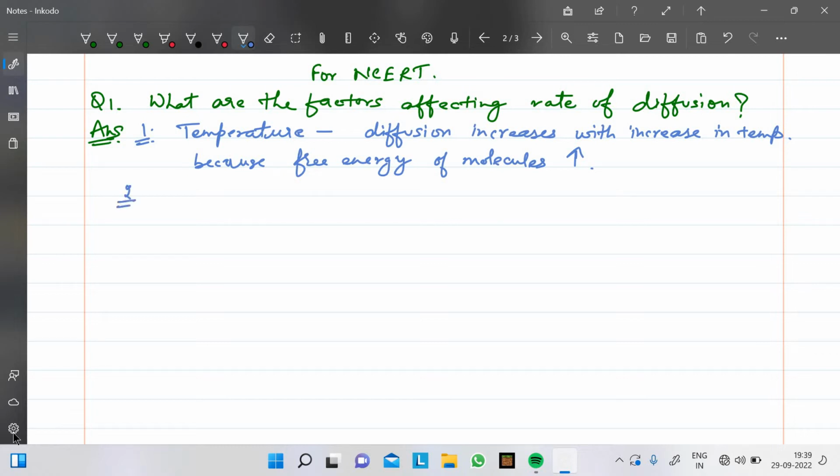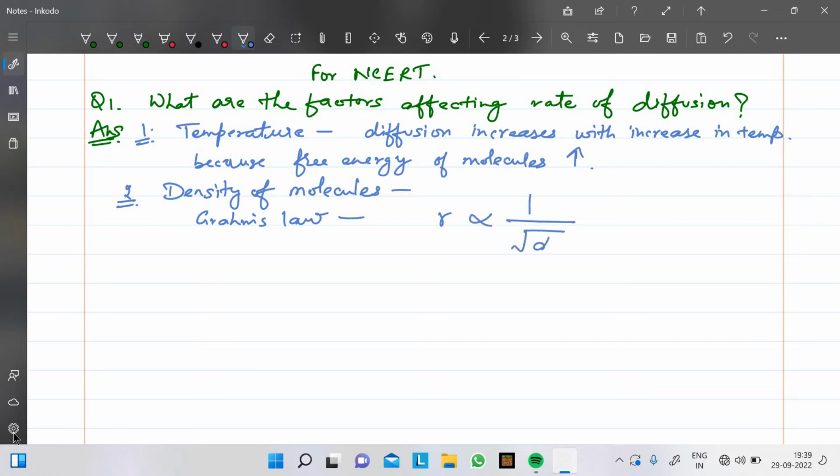Clear? Second is density of molecules. In chemistry you have heard about Graham's law, which states that the rate of diffusion of a gas is inversely proportional to the square root of the density, where R is the rate of diffusion and D is the density.